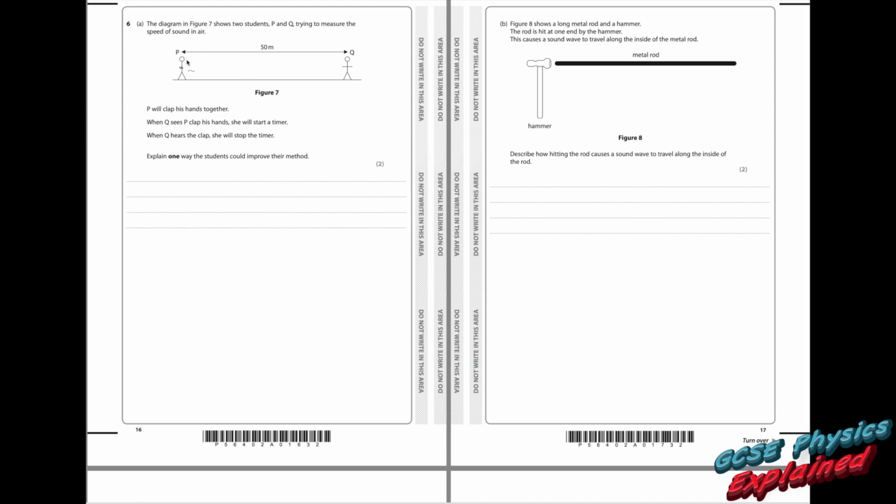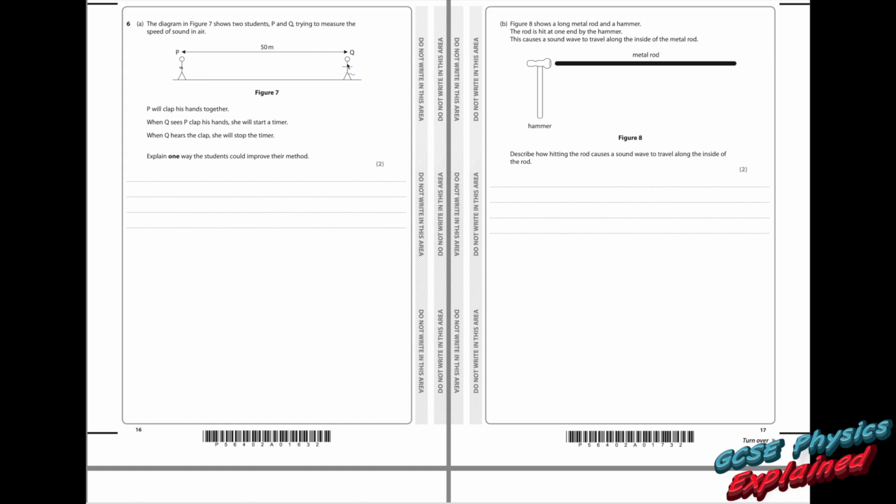Well, sound travels at roughly 330 metres per second in air, and they're only 50 metres apart, so it's only going to be a fraction of a second between starting the stopwatch and finishing the stopwatch. So human reaction times are going to be a problem.